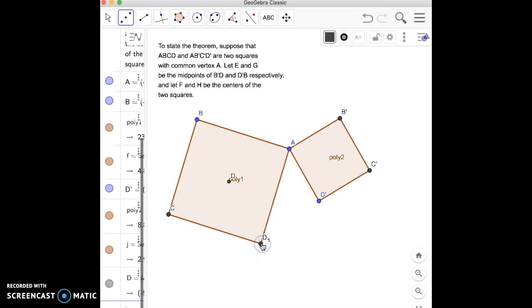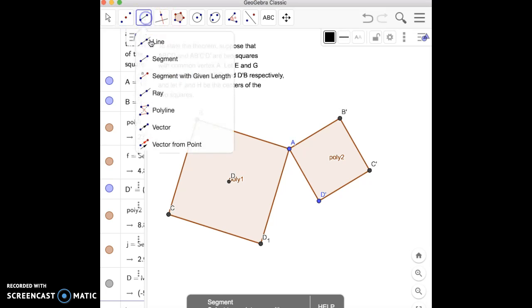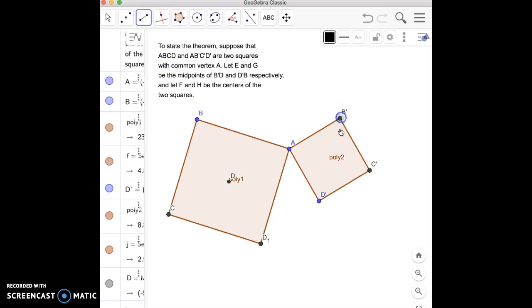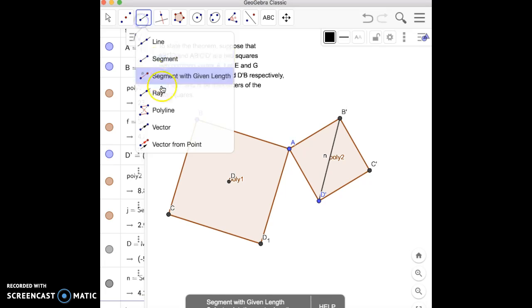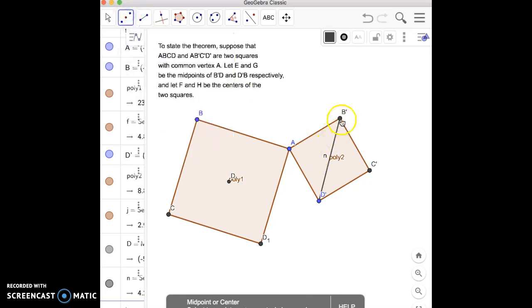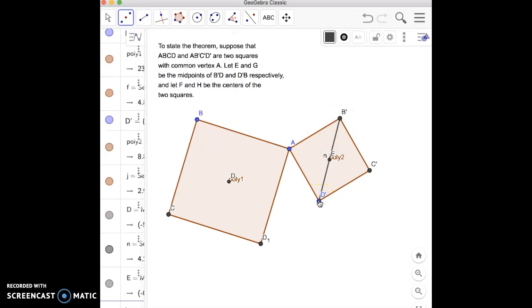So I'll have some students do it like this, and then I'll have other students actually create a segment, and then they go ahead and they find the midpoint of that segment. So depending on how they approach this then leads into how they find their conclusion. So ultimately, it's good for students to draw this segment, because that's going to lead into the next part here.